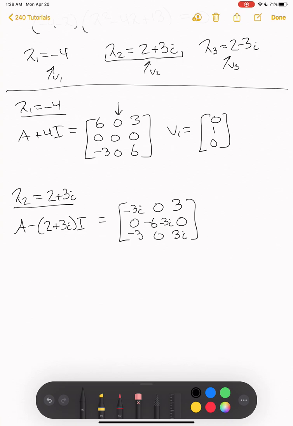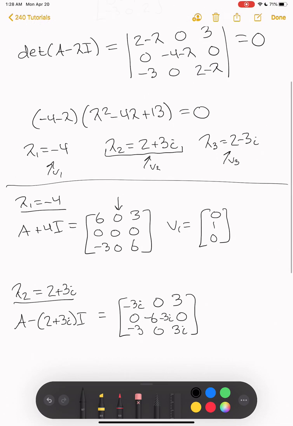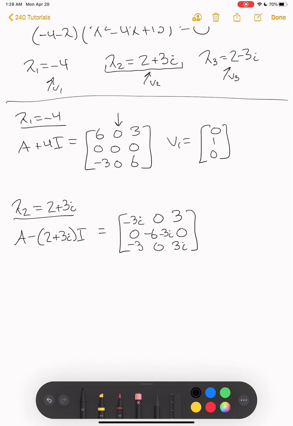Since I have 3 eigenvalues and a 3 by 3 matrix, I know I should only be able to find one eigenvector associated with this. So I just need to pick one.